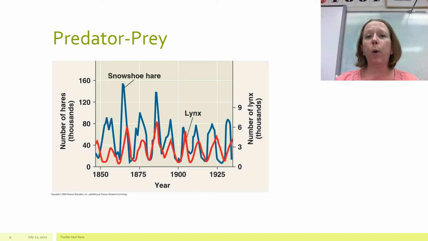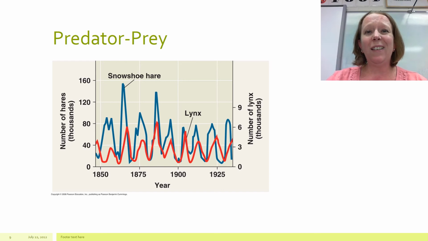If a particular predator depends solely on one type of prey, then those populations will be connected to each other, and they will fluctuate in response to each other. So you can see that in the graph here. The snowshoe hare is the blue line, and the lynx is the red line. The lynx is the predator, and the snowshoe hare is the prey. But you can see that as one rises, the other rises, and as one falls, the other falls.